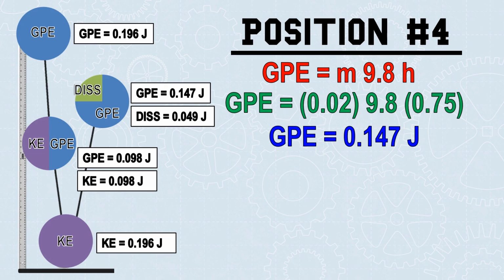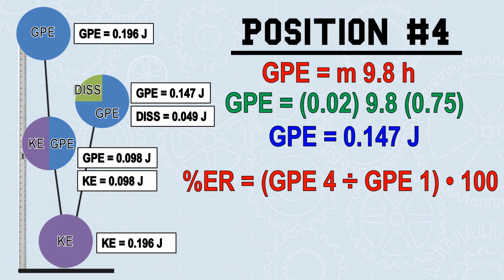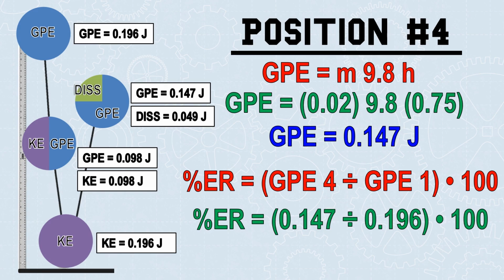We can find how efficient that bounce was by calculating the percent of energy recovered. We do this by taking the gravitational potential energy at position 4 divided by the gravitational potential energy of position 1 times 100. Plug in our given information, use a little order of operations, and we found that this ball is 75% efficient, which is why it bounced to 75% of its height.